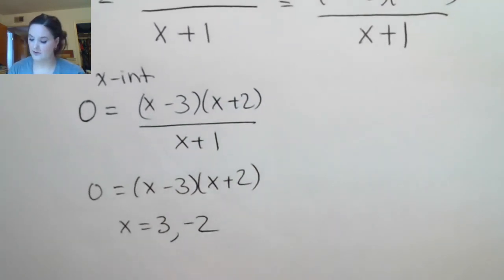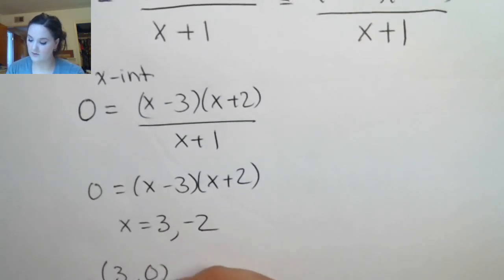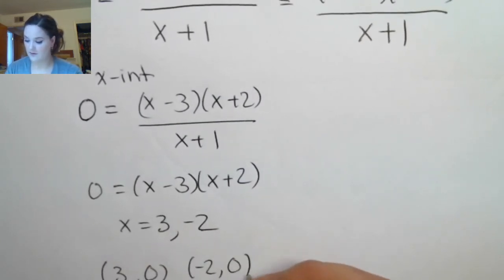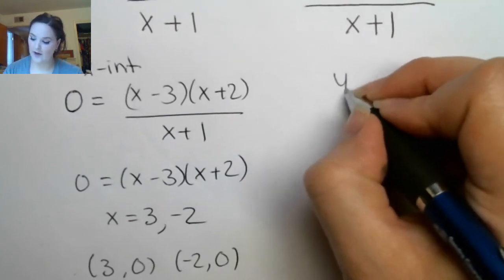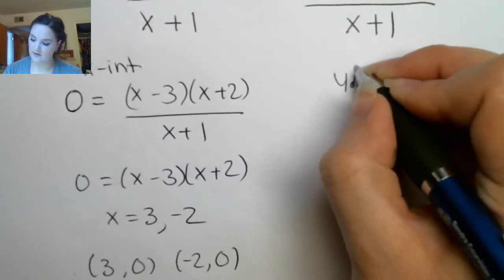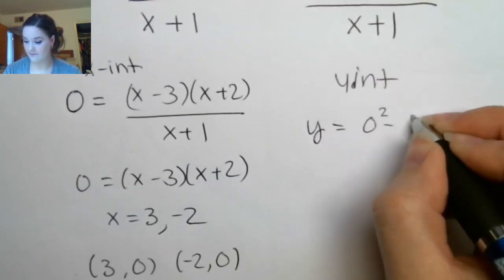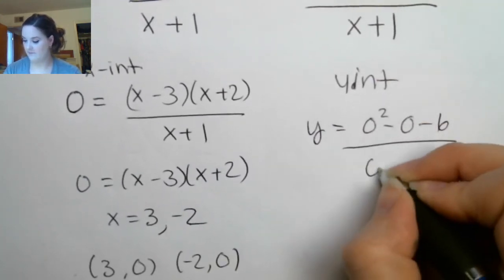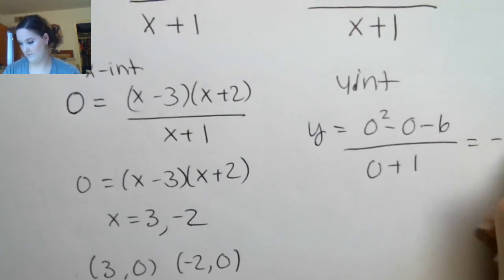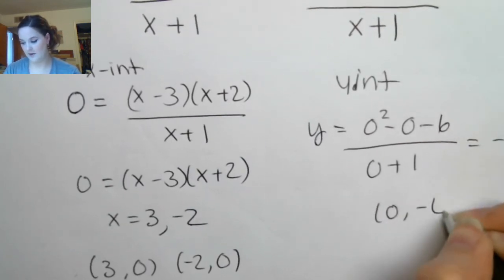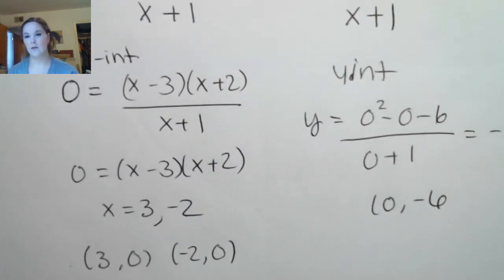Okay, get 2 solutions from that, which gives me 2 intercepts. Okay, for my y-intercept, I'm going to set x equals 0. Okay, and that will give me the point 0, negative 6.